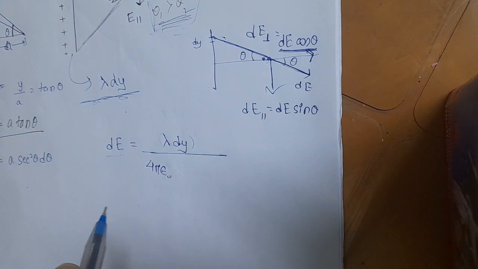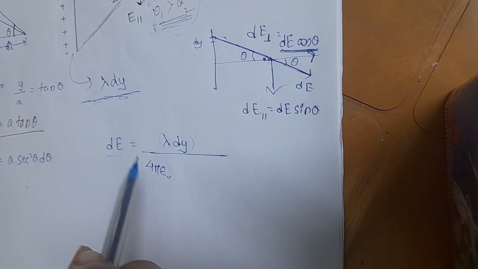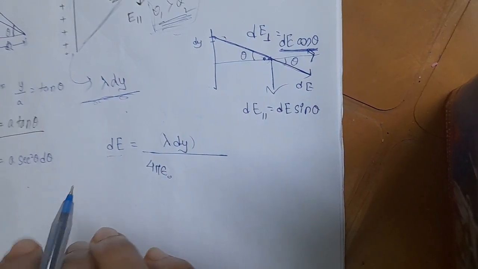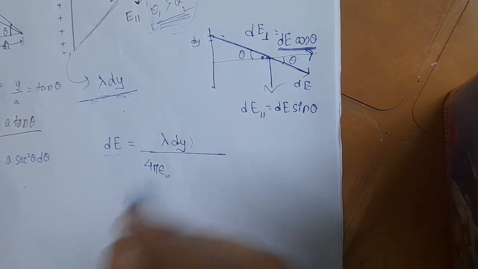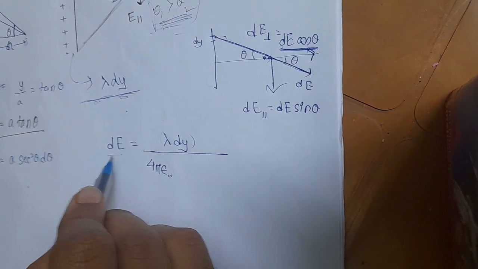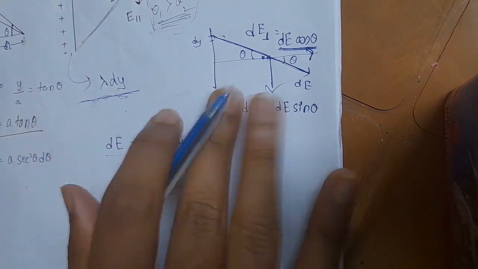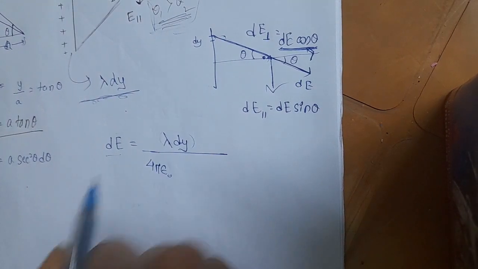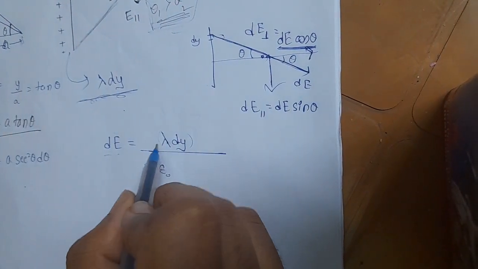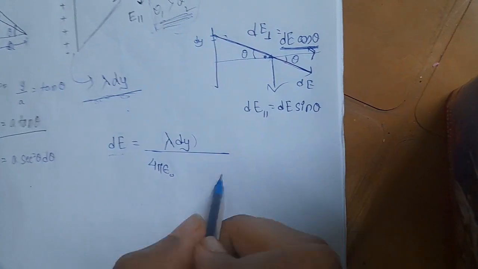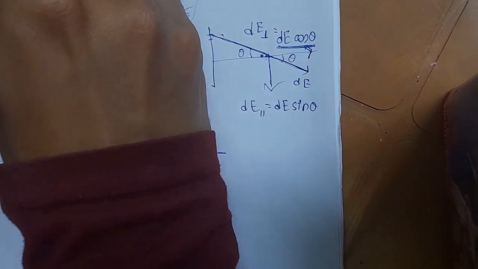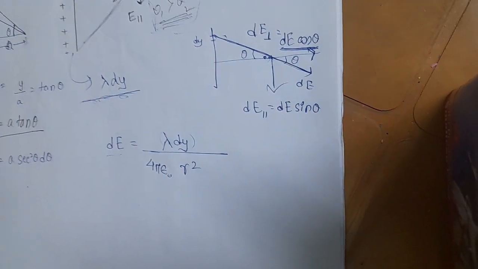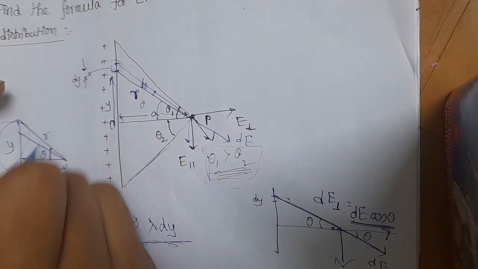I am writing here in terms of the magnitude. Since we are concerned only with the magnitude here, don't expect r cap or vector terms. It is obvious, right? Because I have not used any vector notation. You may remember it in terms of the magnitude. Don't get overcomplicated here. It will be, the distance is r squared. Another thing, suppose it is r.